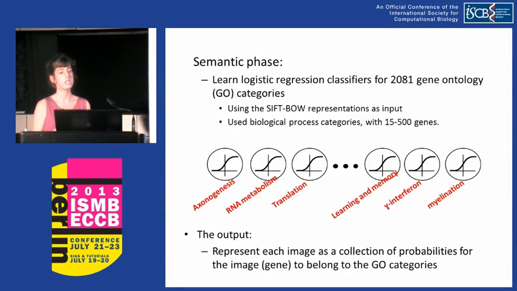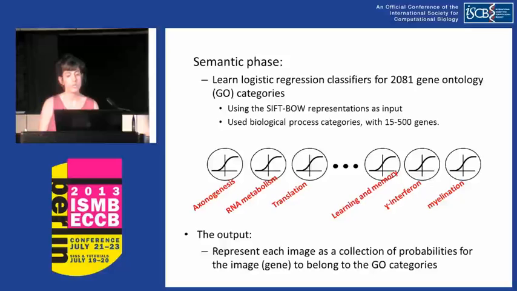And our positive set would be genes that are known to be annotated to these categories. So we used biological process categories with 15 to 500 annotated genes, since we don't want the categories to be too general on one hand, but on the other hand, we want to have enough positives for our train, test and validation sets.